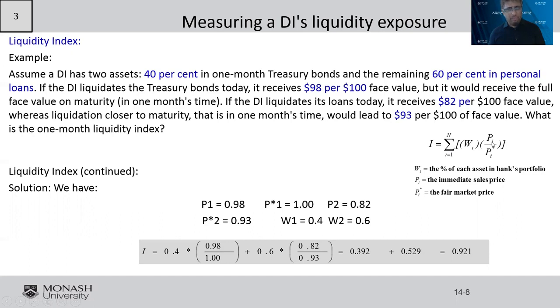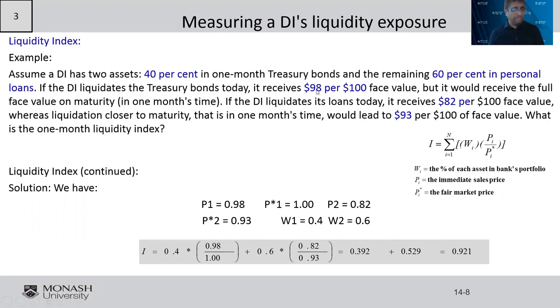BI is actually the selling or liquidating price, and this is the selling price at maturity. So I have two assets that I will liquidate today, or I can wait for 1 month. One of them is government securities, and they are 40% of my portfolio, and the rest is loans, which is 60%.